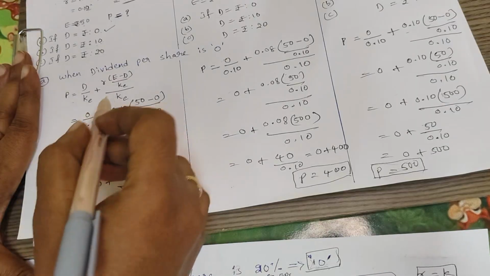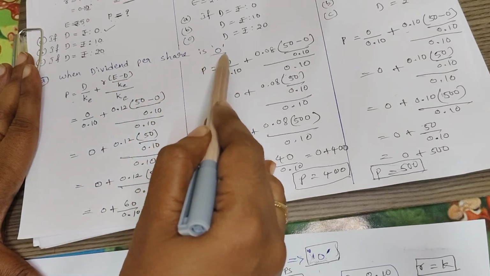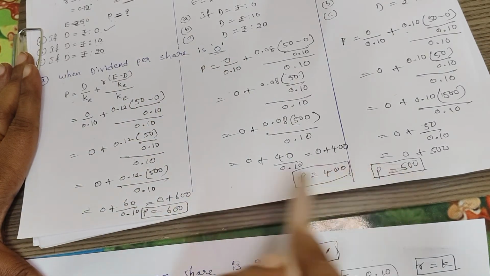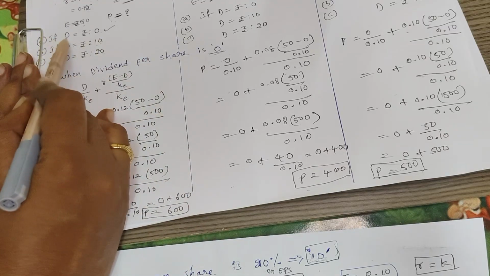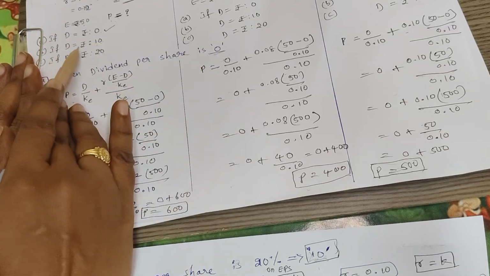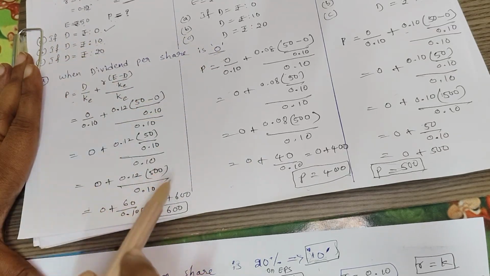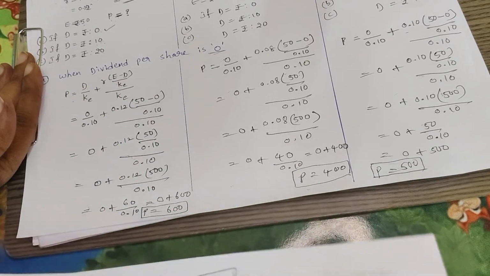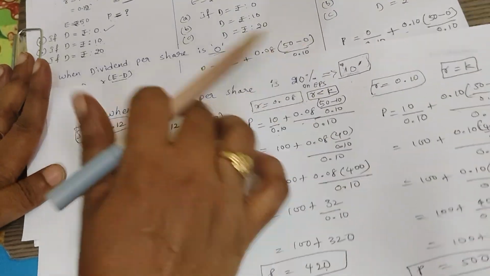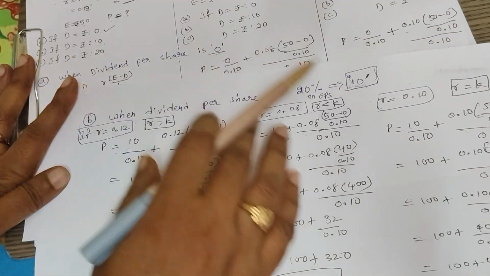Clear? So when D is equals to 0, our P values are 600, 400, 500. So D is equals to 0 is completed. If D is equals to 10, what is your P value? We need to find out by using the same formula. So same values we are applying, but only dividend will change. Instead of 0, we will apply 10.